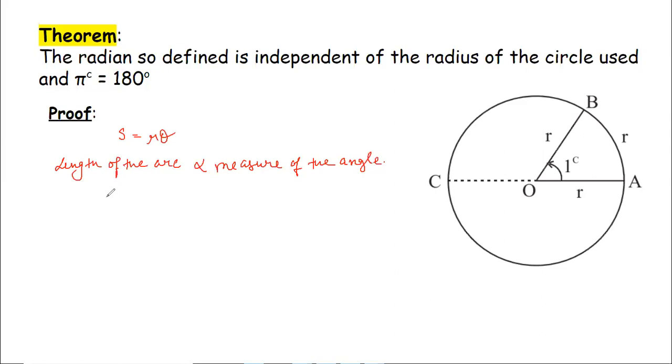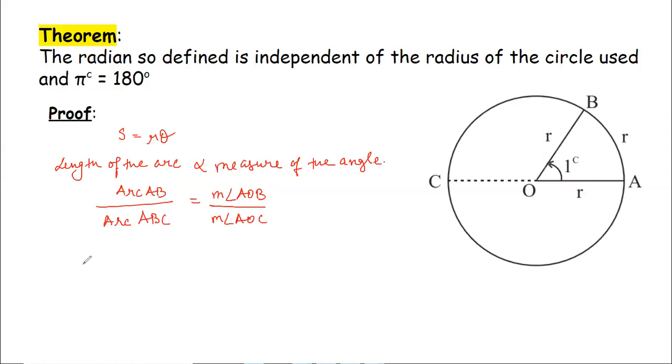So I can take the ratio of two arcs, arc AB upon arc ABC, and on the right hand side the ratio of their subtended angles. So measure angle AOB upon measure angle AOC.